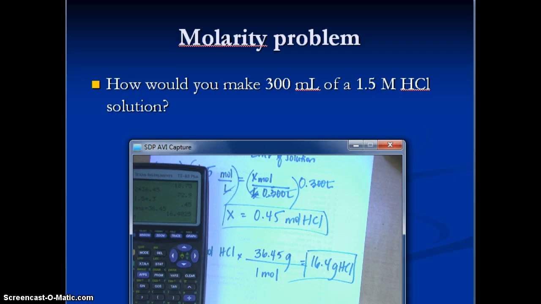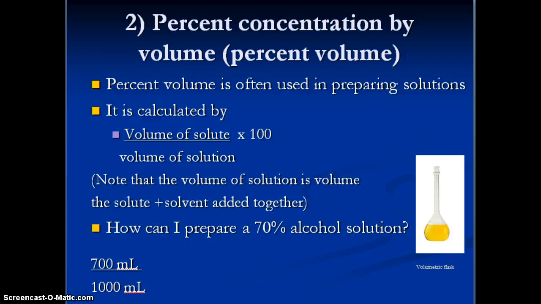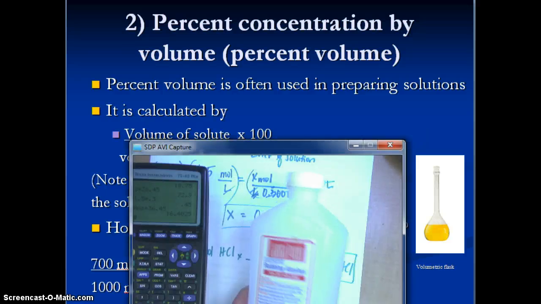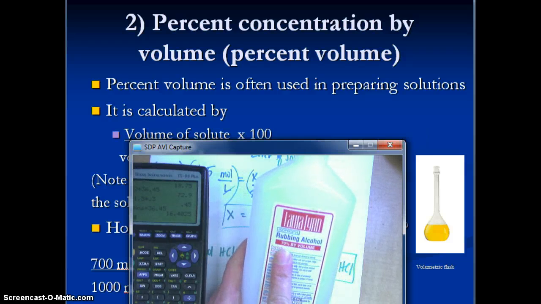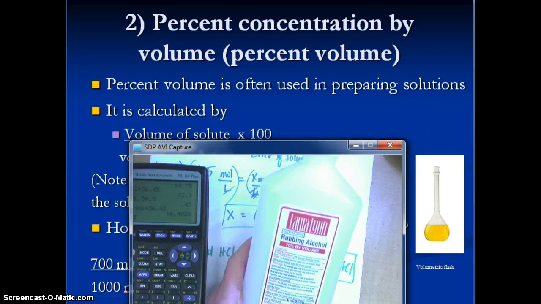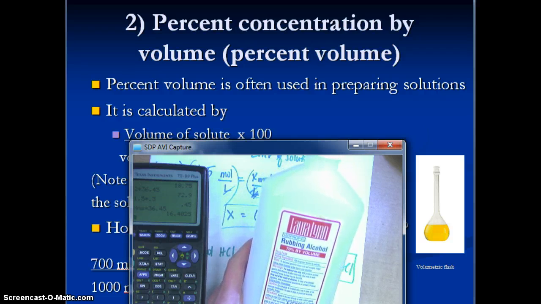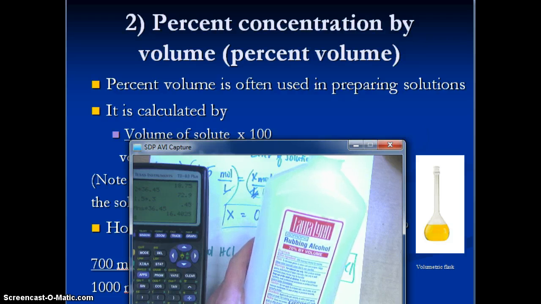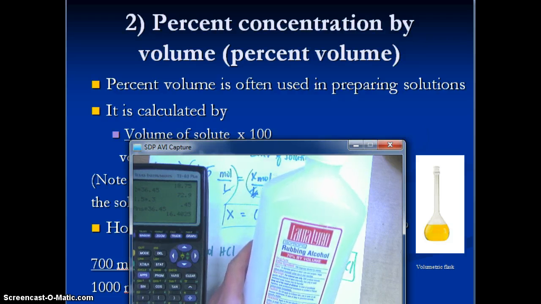All right, another problem that we might have would be using percent concentration by volume. So alcohols, like this rubbing alcohol here, as you can see, if I show you, it says 70% by volume. I guess if it's much more, it's really volatile and it could disappear quickly, or it might be a little bit too reactive.